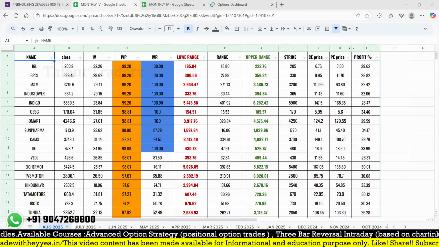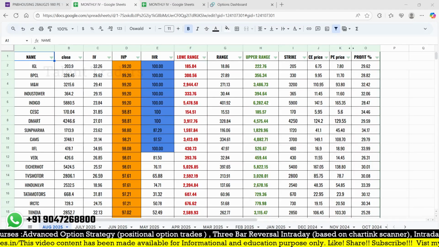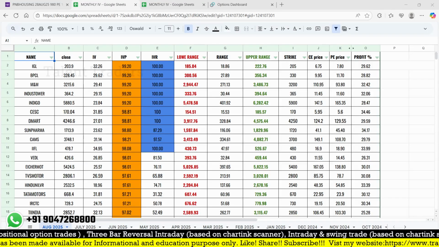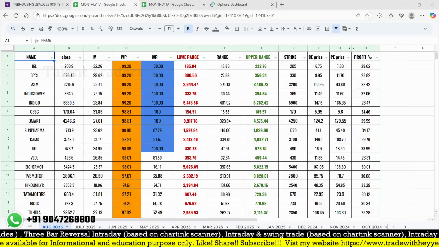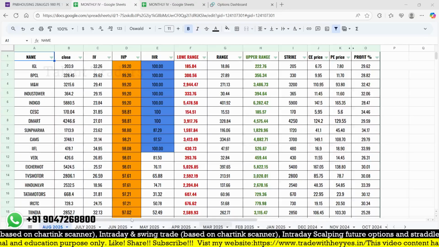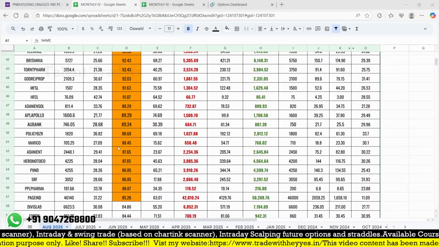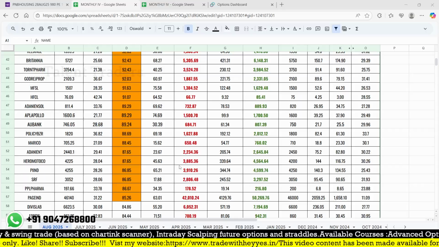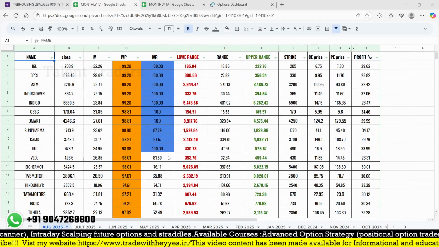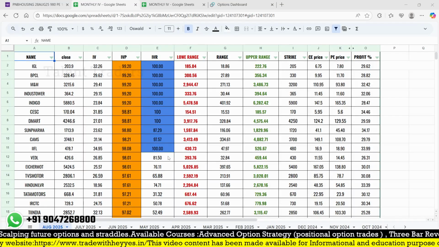Here we have a lot of high IV stocks, that means high IVP, almost 57 stocks. So don't blindly go for this as a non-directional strategy.